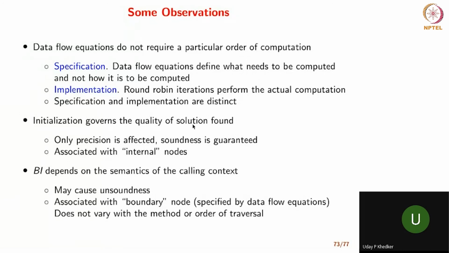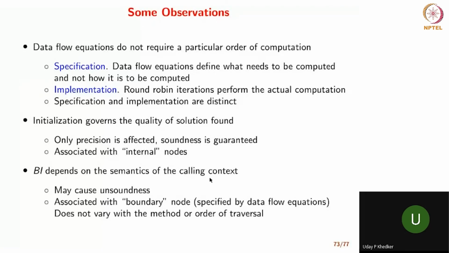Initialization governs the quality of the solution found. Only precision is affected, soundness is guaranteed. If you choose wrong initialization, you can at best create harmless errors. They are not going to be harmful errors. And this initialization is associated only with the internal nodes, not the boundary node, not the start or the end.